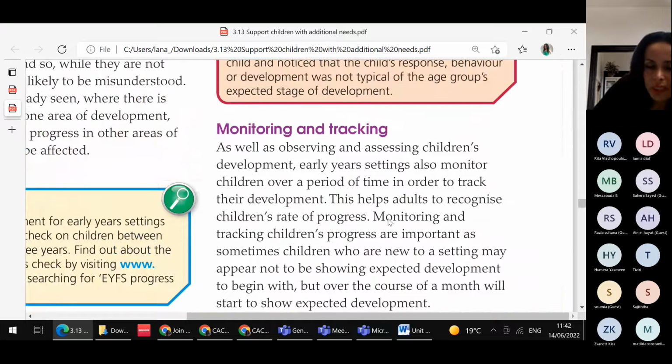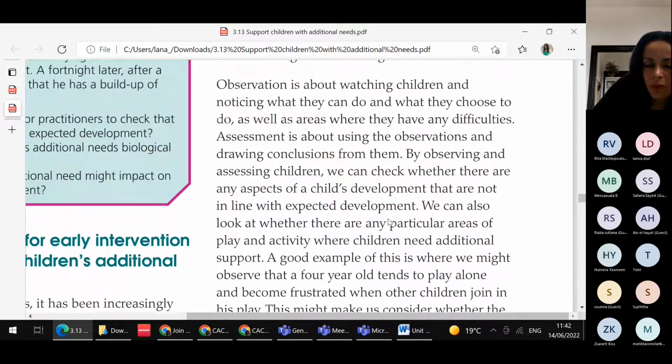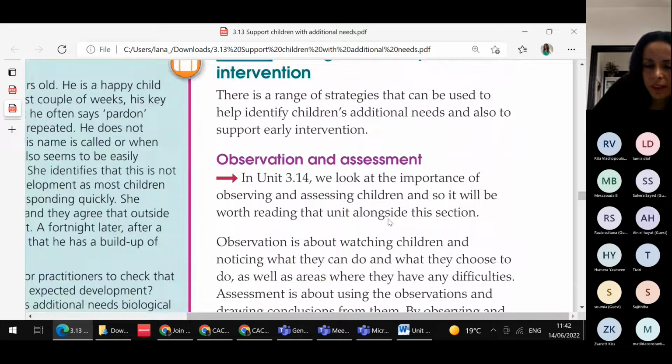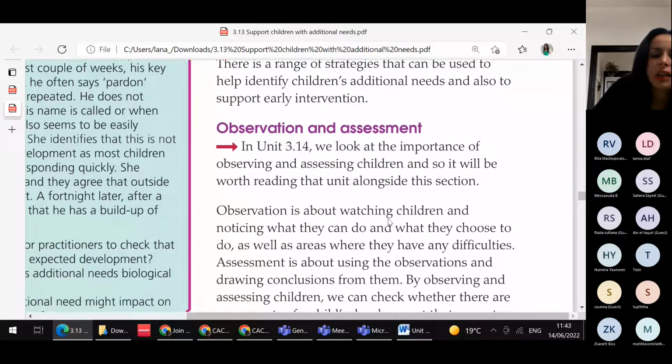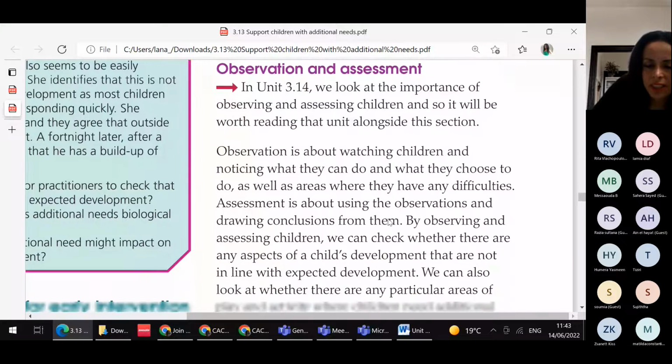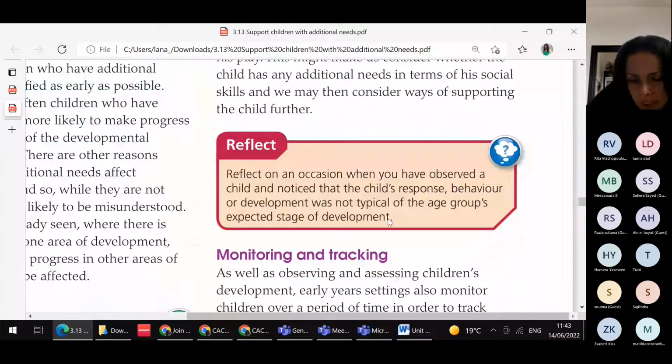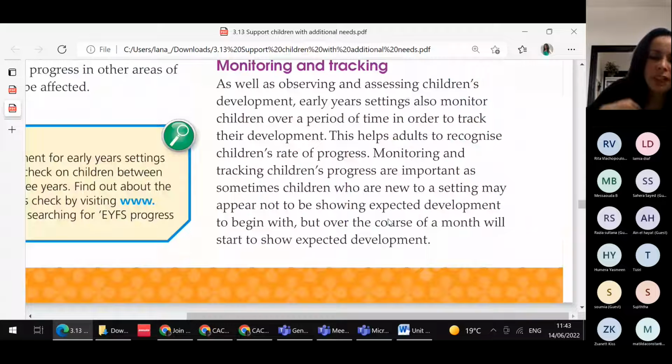So first of all, we said how we do the stages of early years intervention. First of all is observation and assessment. Second thing is monitoring and tracking. So as well as observation being important, we assess the child and also assess the child's development in the early years setting.